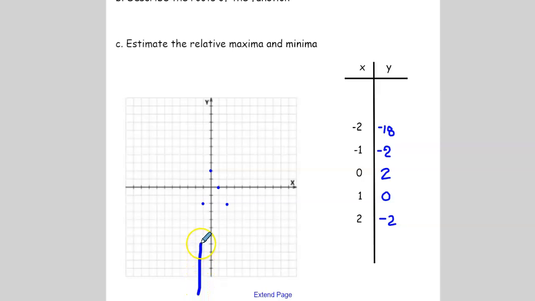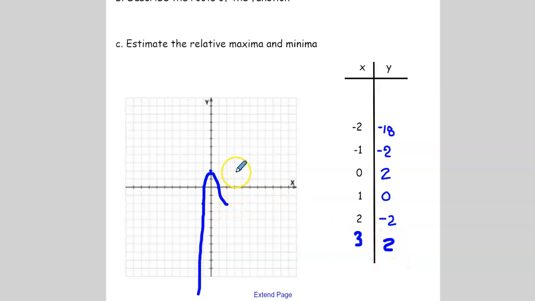So my graph comes up, I'm turning, I'm hitting here, right? But I need to go back up off my graph. So I'm just going to add in one more value, right? So we're going to add in that +3. We do 3 cubed minus 3 times 3 squared plus 2. We should get a +2.